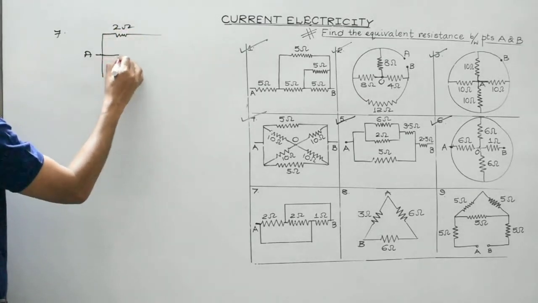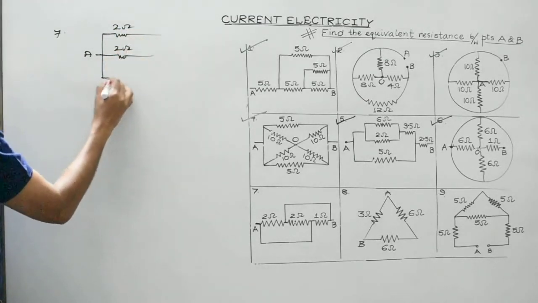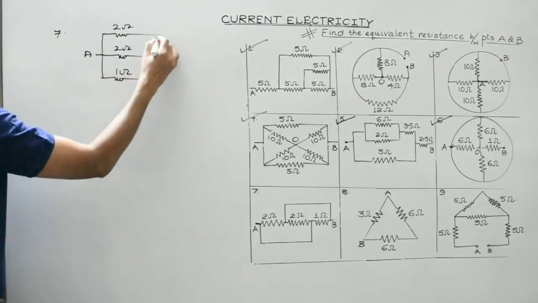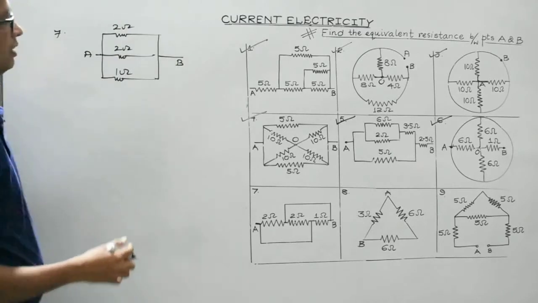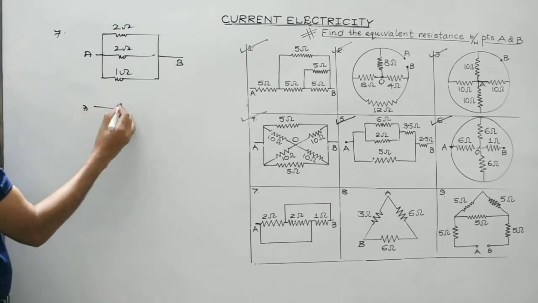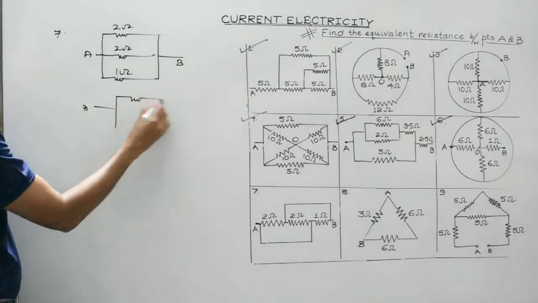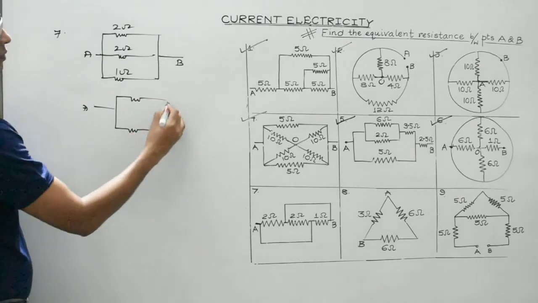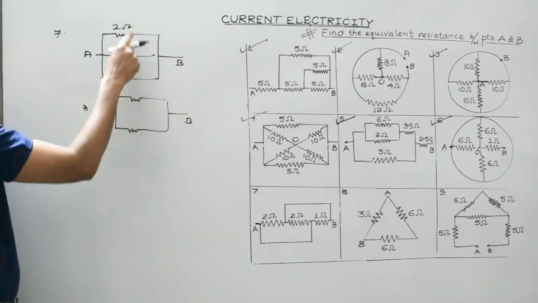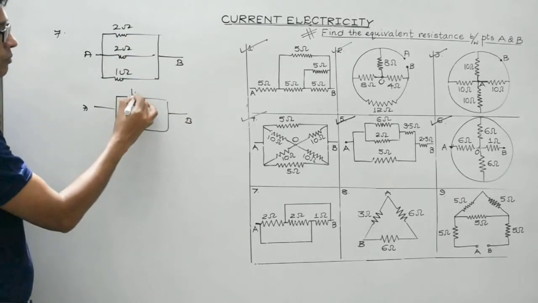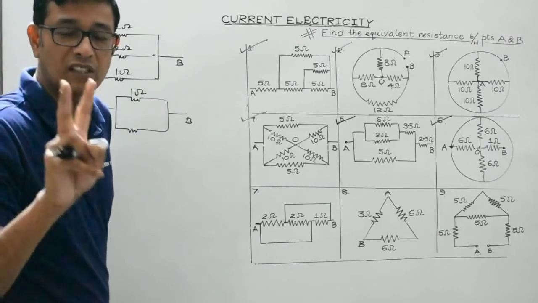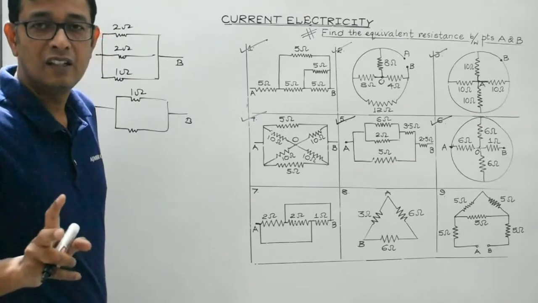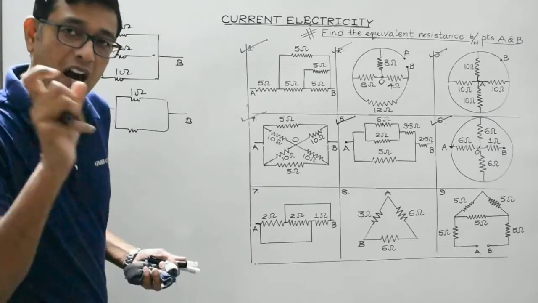2 ohm, this is 2 ohm, and this is 1 ohm. So all these three are connected in parallel. Now, it can be written in this particular manner. What is the equivalent of 2 and 2 in parallel? It will be 1 ohm. Again, I am repeating. If two resistors of equal resistances are connected in parallel, then the resultant would be equal to half of the given value.